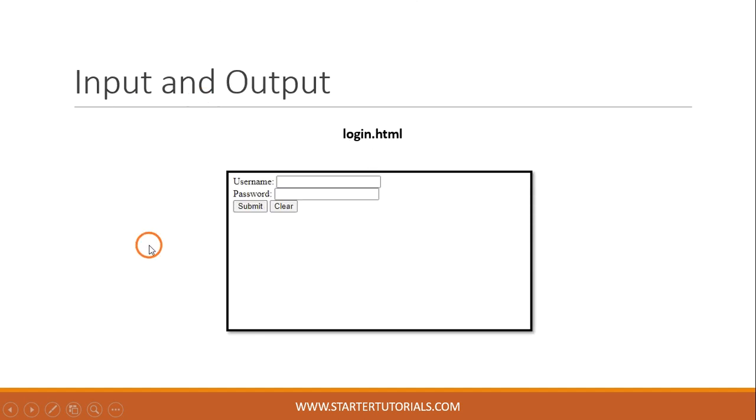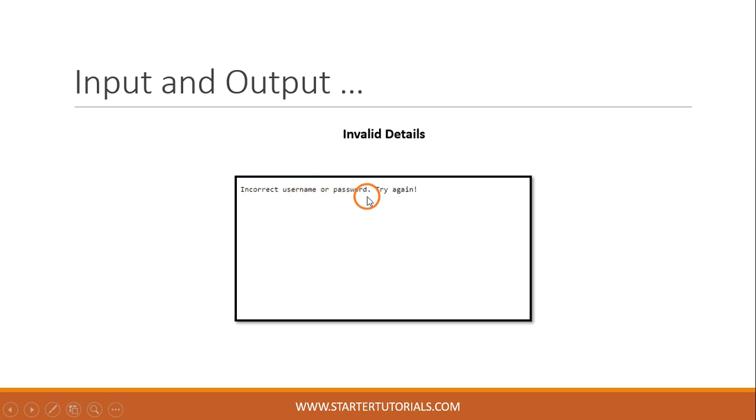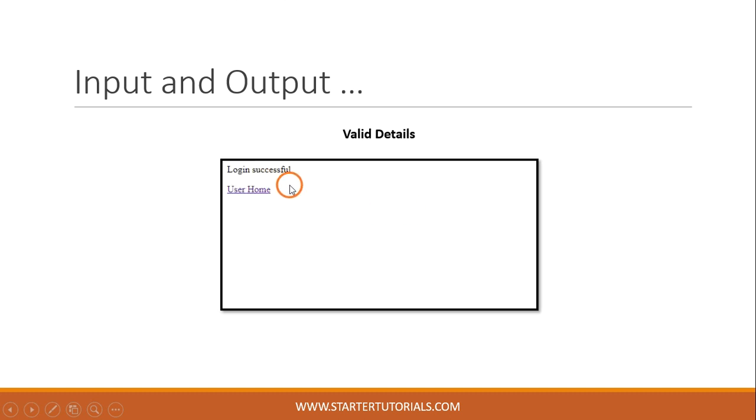Okay, so let's see the input and output. All of you who have seen the previous program, that is servlet validation, will know what this is. This is a form where the user enters a username and password, and if the username and password are wrong, it will display this message. If the details are right, now here is the change that we have made.